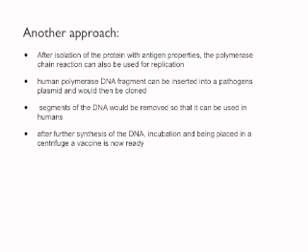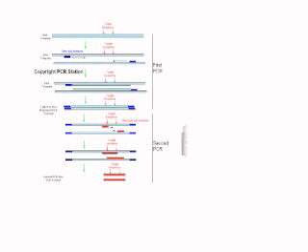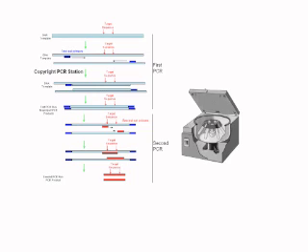After further synthesis of the DNA, incubation, and being placed in a centrifuge, a vaccine is now ready. This picture shows the polymerase chain reaction and the centrifuge used to make vaccines.